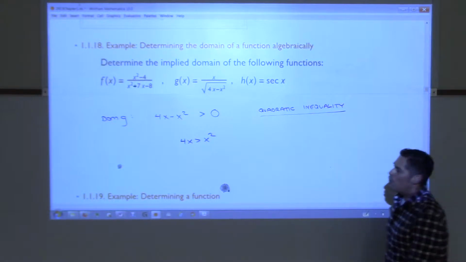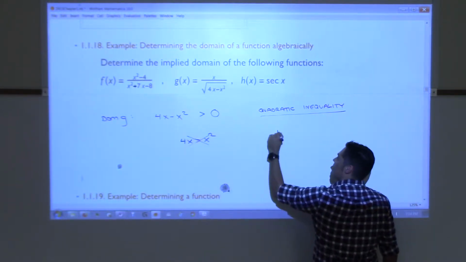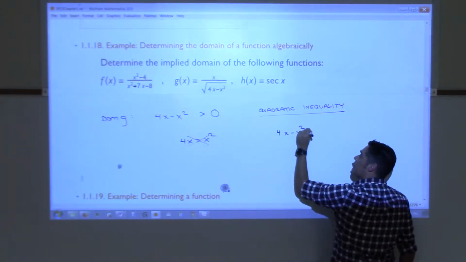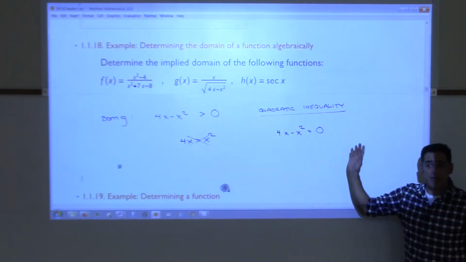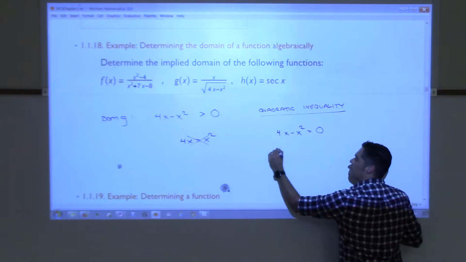So the proper way to go about this is to first make it an equals, okay? First make it an equals, and you solve it, just like you normally would. So how would you solve that? Factor out a common factor of x.